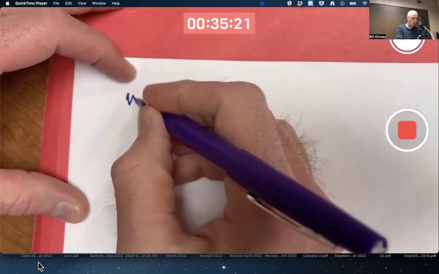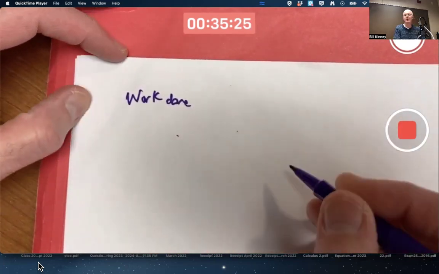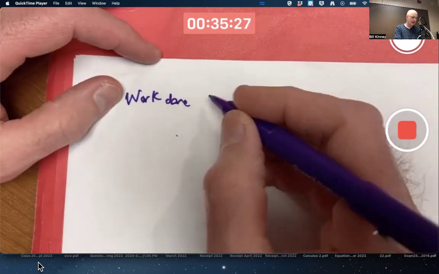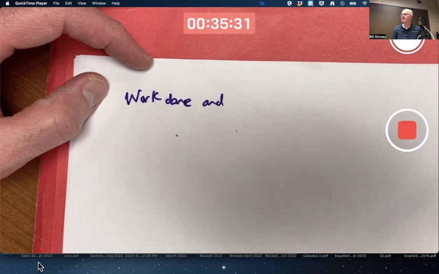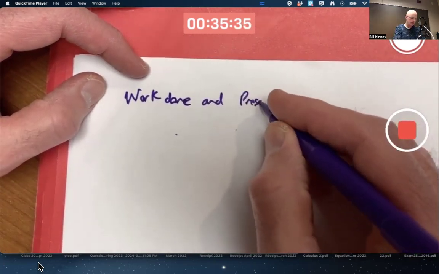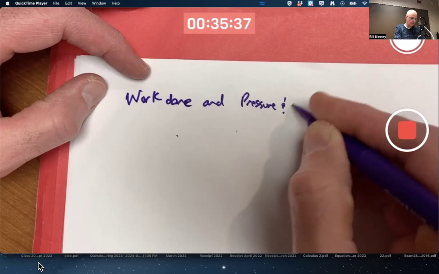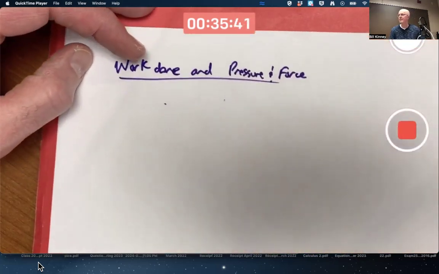The next section was about work done by a force, more physics, and also problems related to pressure and force. Water pressure in particular.